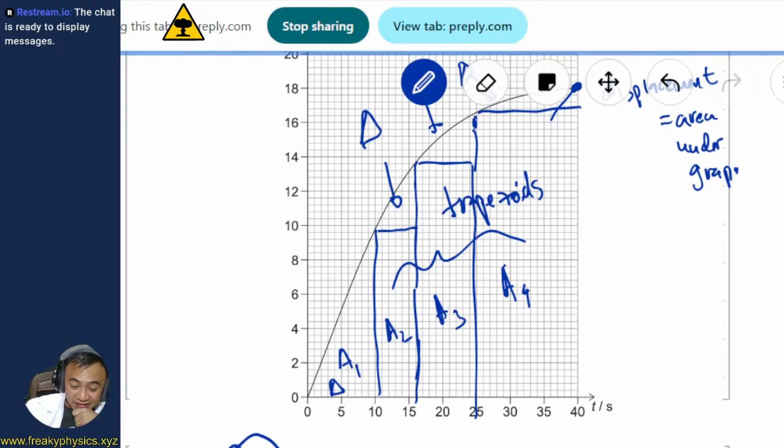So because it's an estimate, I'll just say here, reasonable estimates are approximately plus or minus 10% of the actual value. Now, what does that mean here?